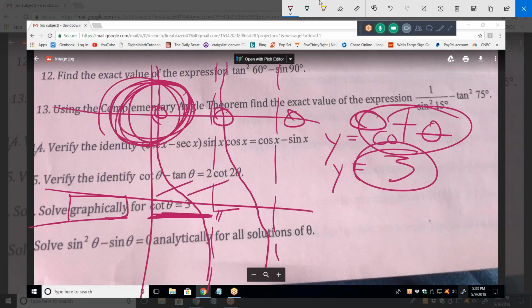And you could do that on a TI-84 or the Inspire. The Inspire also lets you put 2 functions in. Your first function is cotangent theta. Your second function is y equals 3, or f of x equals 3. But it's their intersection that's important.